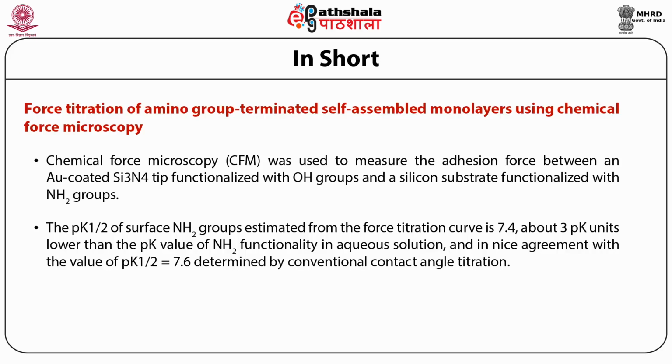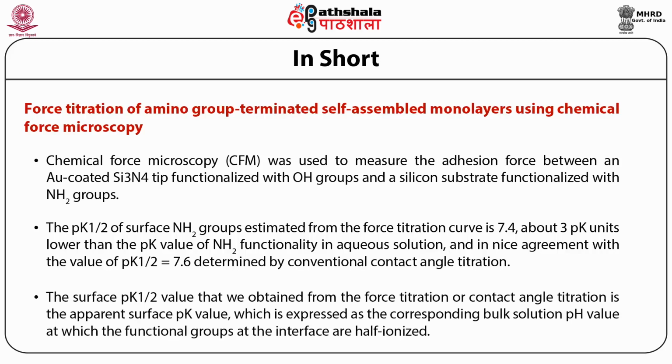The surface pK half value that we obtain from the force titration or contact angle titration is the apparent surface pK value, which is expressed as the corresponding bulk solution pH value at which the functional groups at the interface are half ionized.